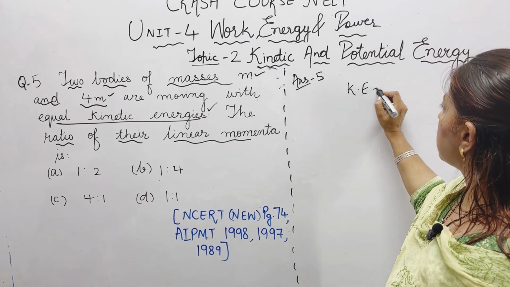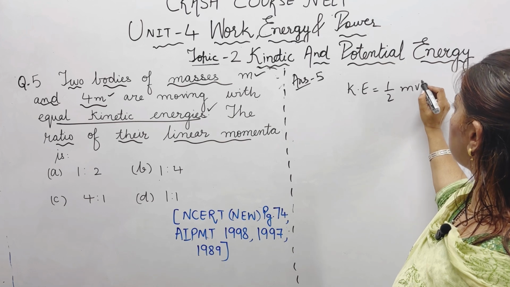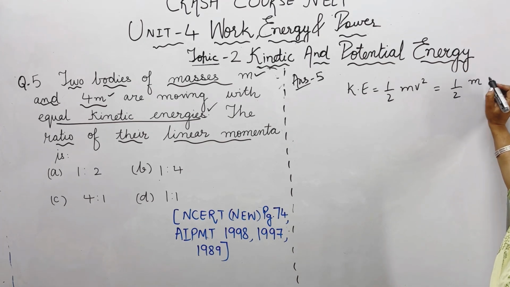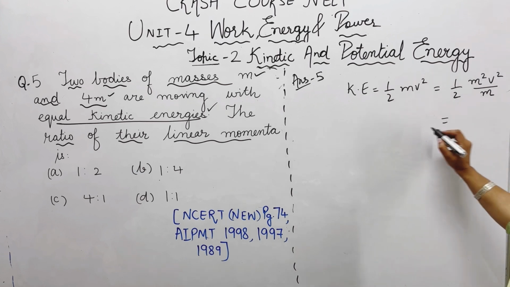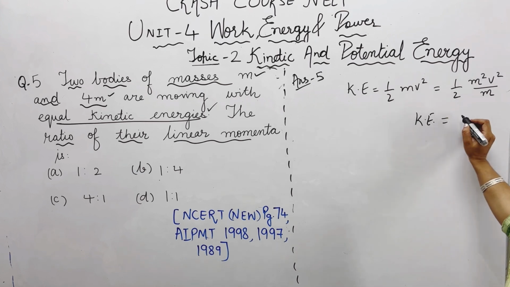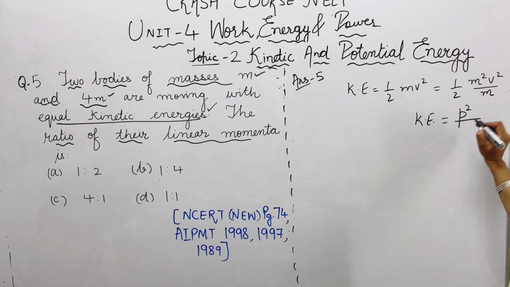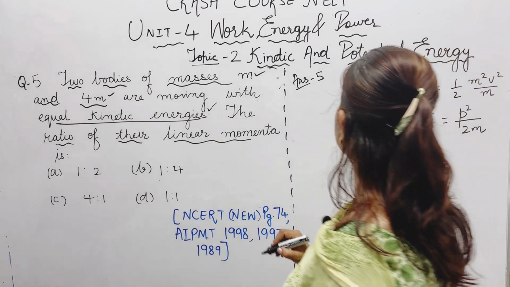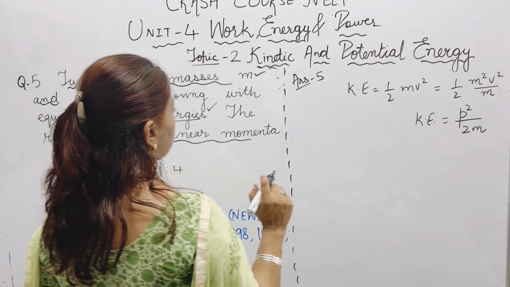Kinetic energy is equal to half m v square. So if we multiply and divide by the mass, we get this relation, or kinetic energy is equal to p square, square of momenta, upon 2m. So this is the relation between the kinetic energy and the linear momentum.